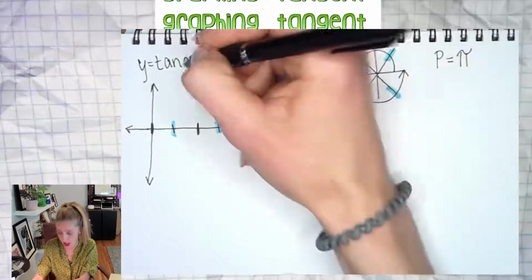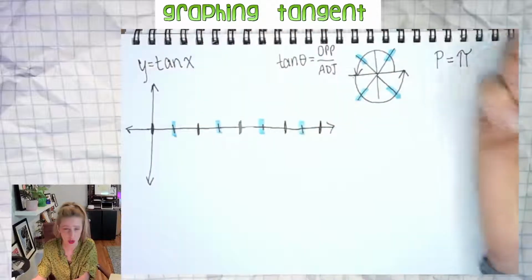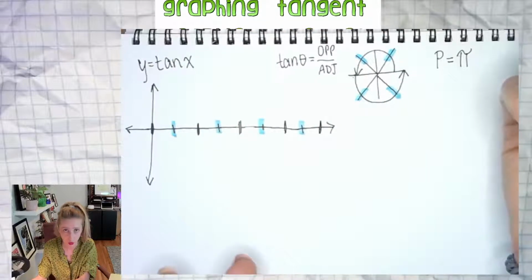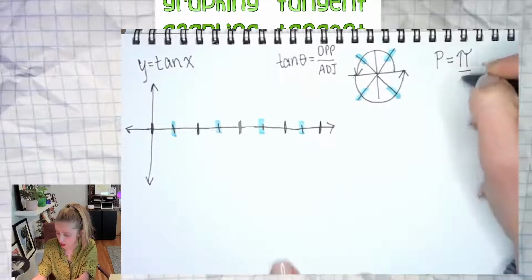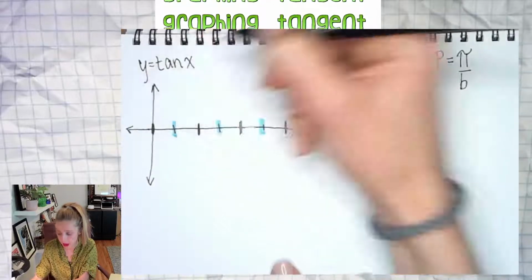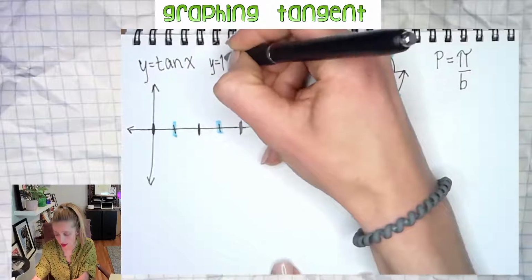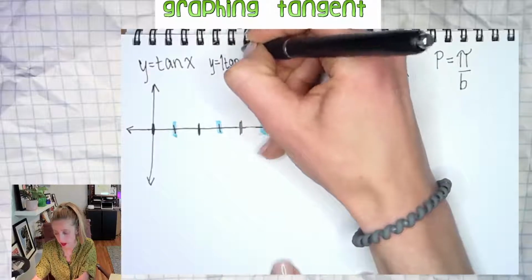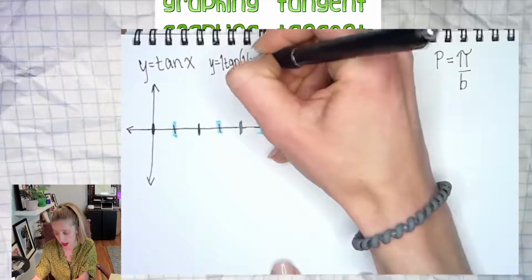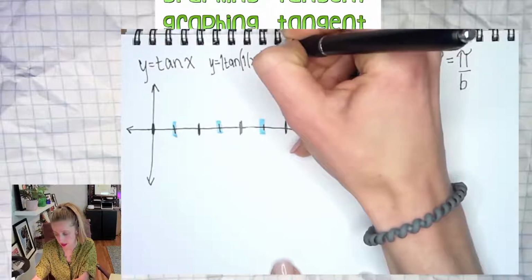But the formula needs to include if this b value, which is 1 by default, isn't a 1. So the period is pi over b as a formula. This right here is actually the same as 1 tan of 1 x minus 0, close, plus 0.